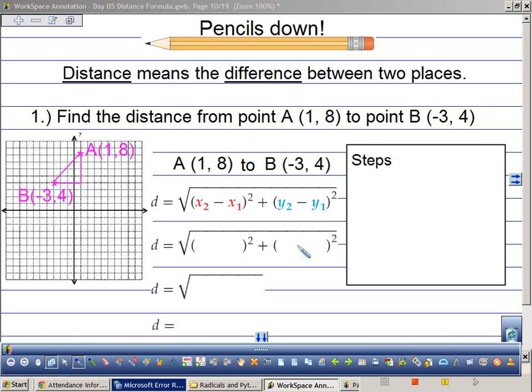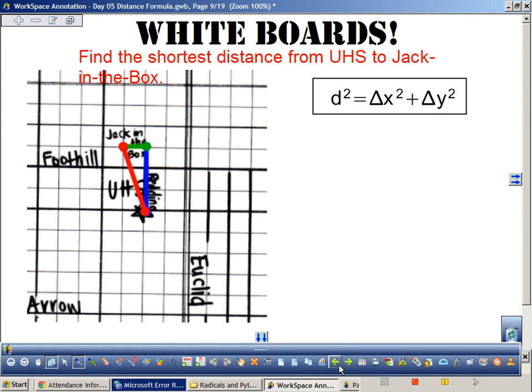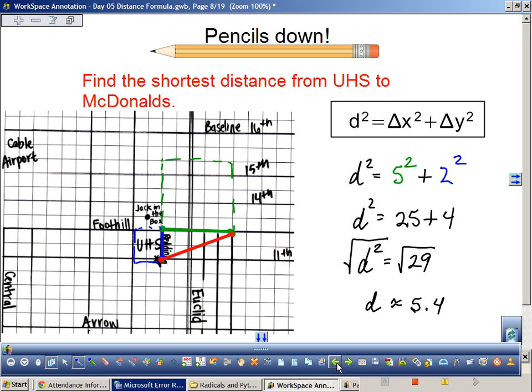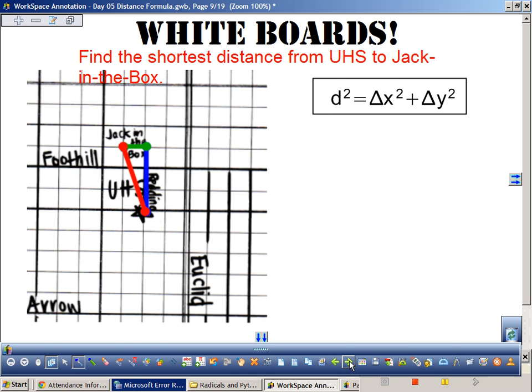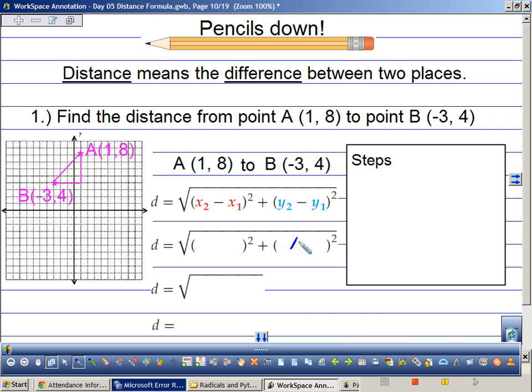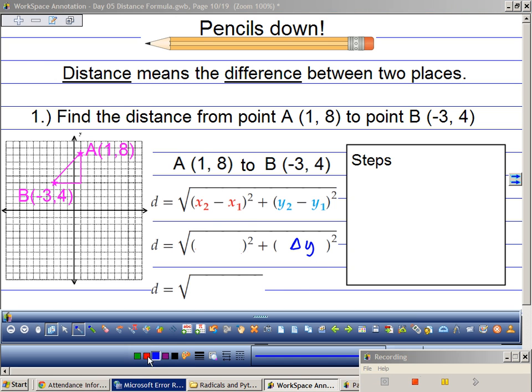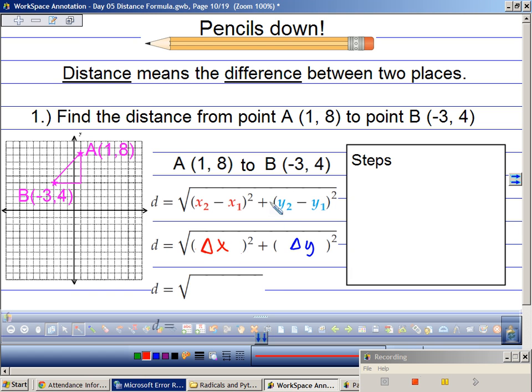Instead of writing y2 minus y1, what did we call that? Give you a hint. Change in y. Good. This was my change in y. And this one was my change in x. I'm going to do it both ways, and then you guys are going to decide which one you'd rather do.